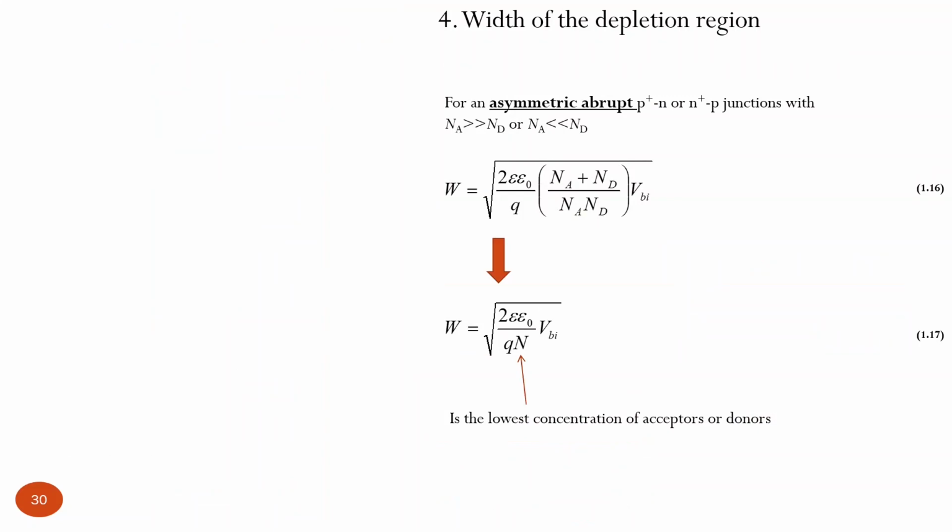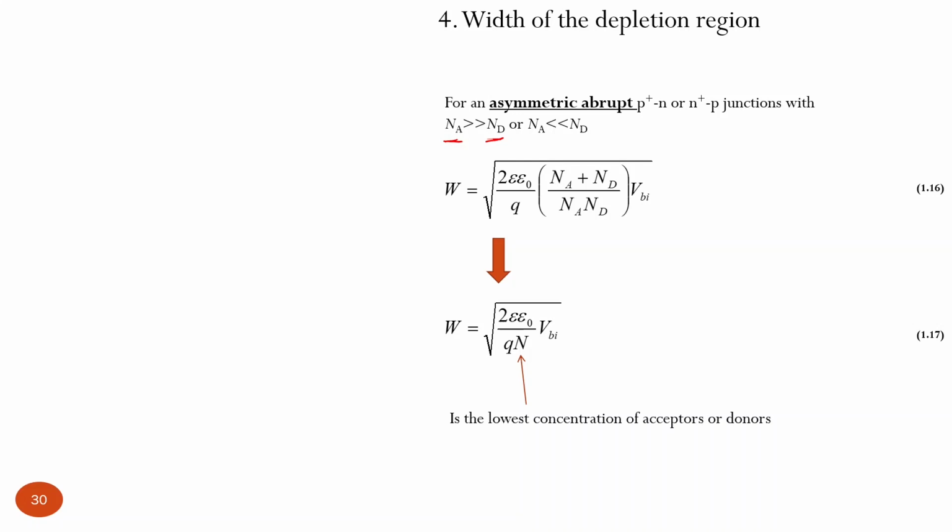So what does asymmetric p-n junction mean? Initially, in all our discussion, we considered that the concentration of acceptors and donors is equal. Then it's called symmetric because the thicknesses of the depletion regions in N and P type semiconductors are the same. However, what will happen if, let's say, the concentration of acceptors is much higher than the concentration of donors?